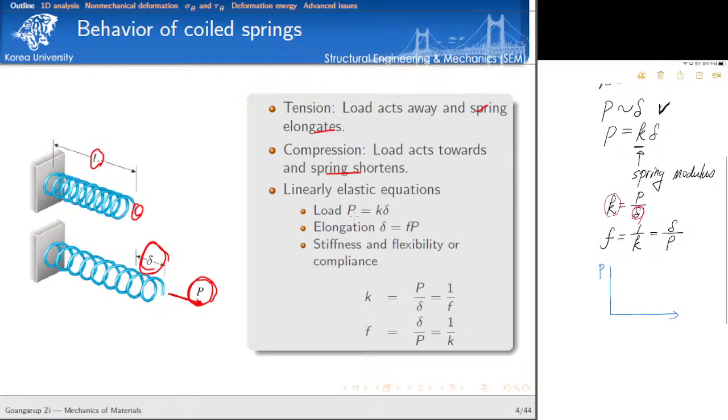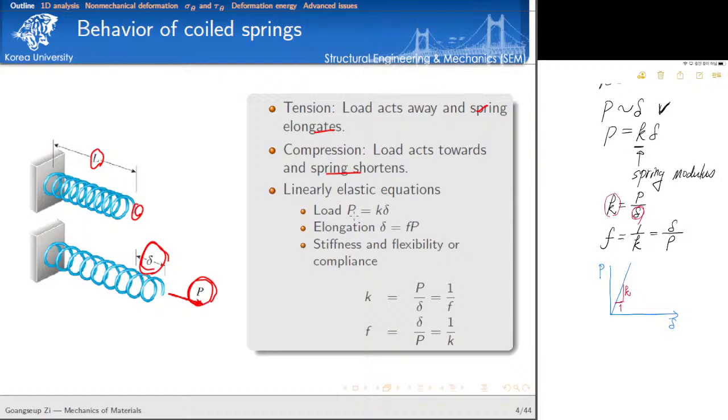If you plot the load P and elongation together, we must have a linear relation. So if you measure the spring modulus for the unit elongation, we must have the force corresponding to unit elongation in this spring.